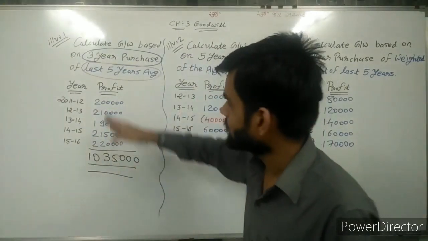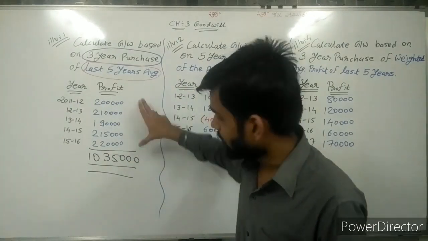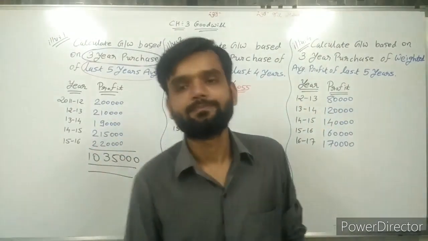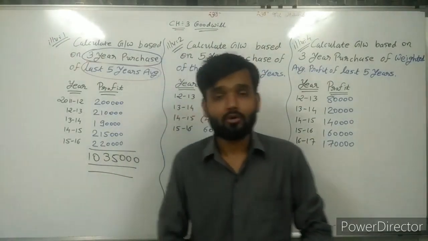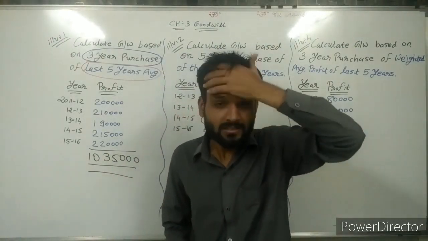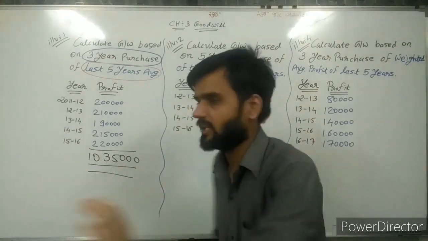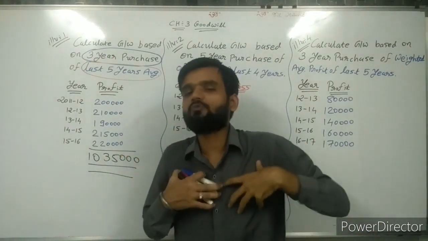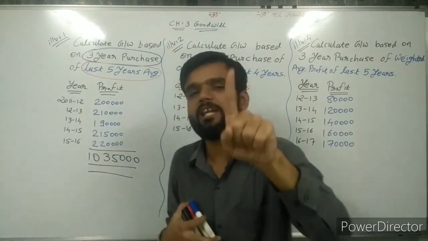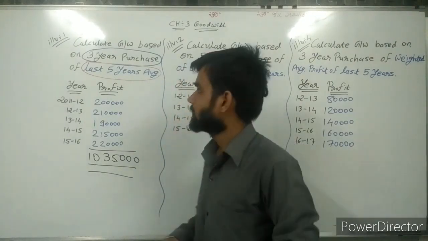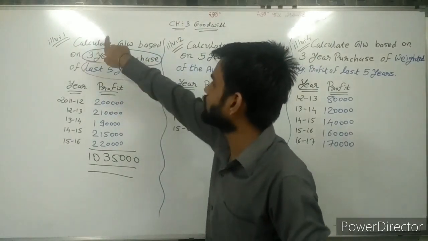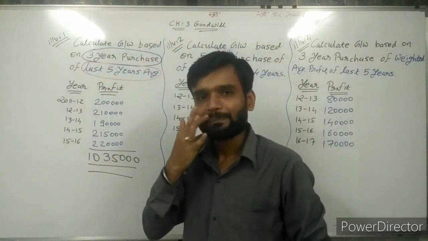If you make the total of these 5, the total profit is 10,35,000 rupees. Now, sir, we don't need the total profit. What we actually need is the average profit first, because goodwill has to be found on the basis of the last 5-year average.